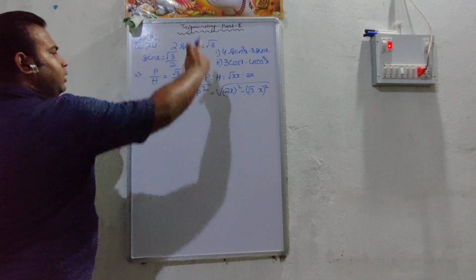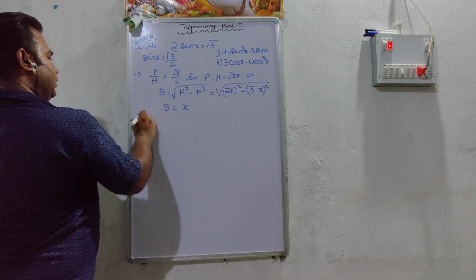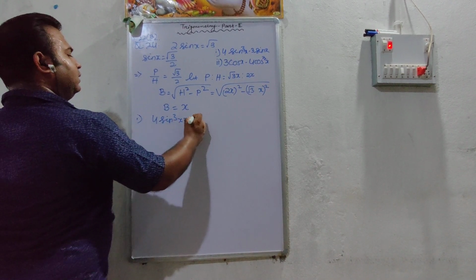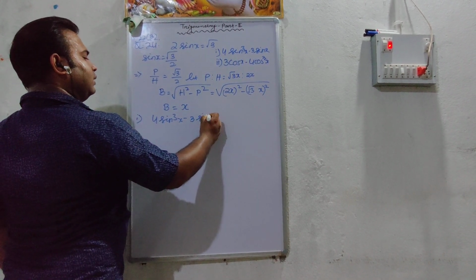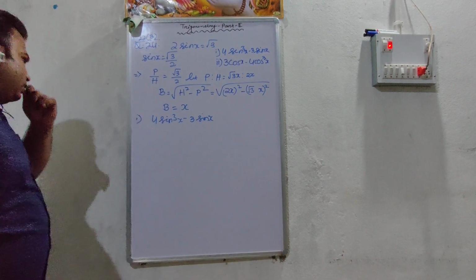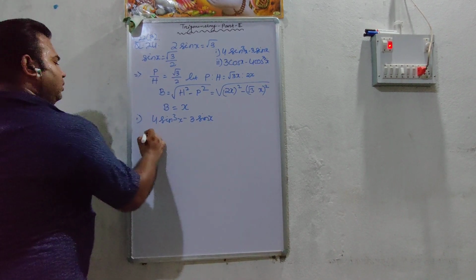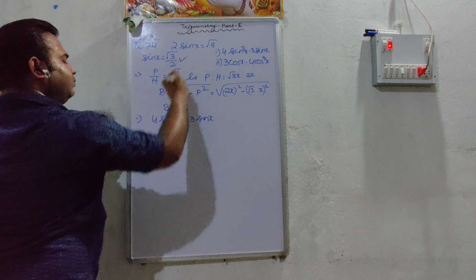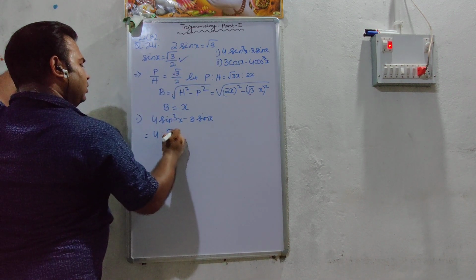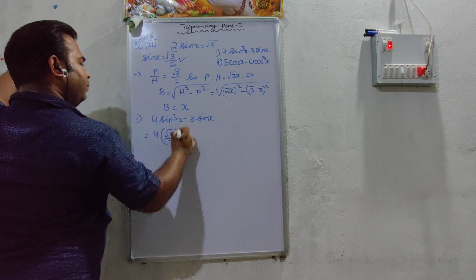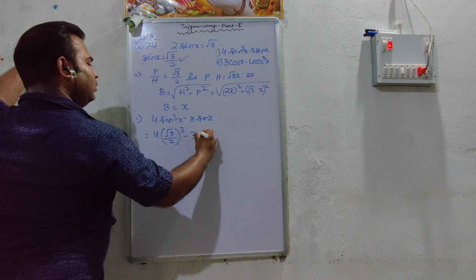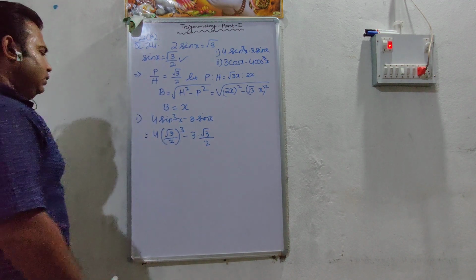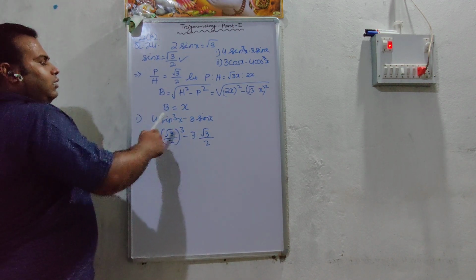Now coming to the questions. 4 sin cube x minus 3 sin x. For this, we have the value of sin, it will be root 3 by 2. 4 into (root 3 by 2) cube, minus 3 into root 3 by 2. What is the cube of root 3?